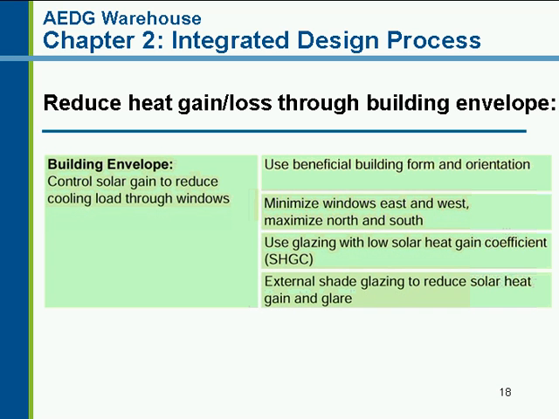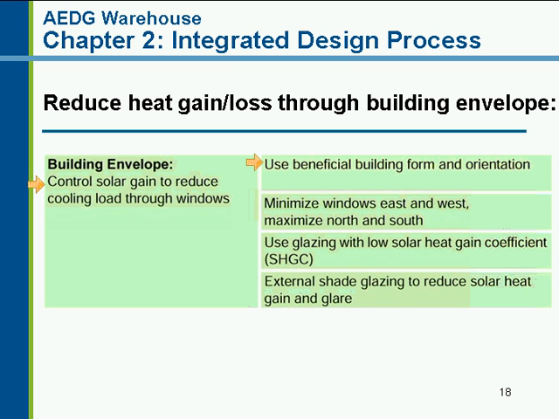Now let's talk about reducing the heat loss and heat gain through the building envelope. And so this is going to be one of the key topics that we'll go through today. So first of all, one thing you can do is control the solar gain to reduce the cooling load. And primarily you're doing this through windows. So you want to take advantage of the building form and orientation.